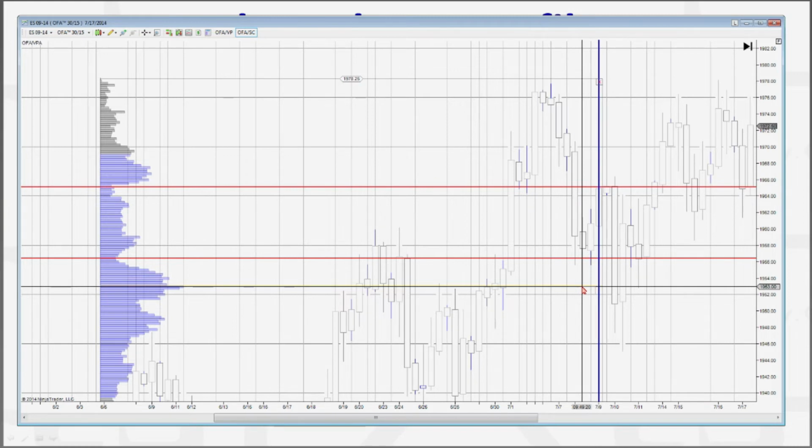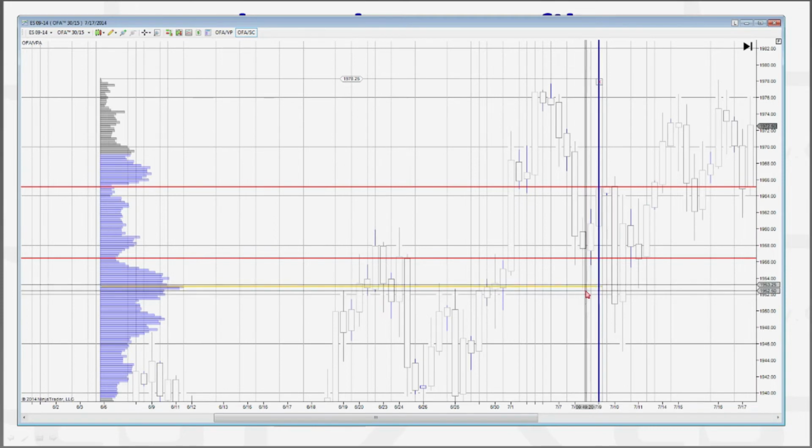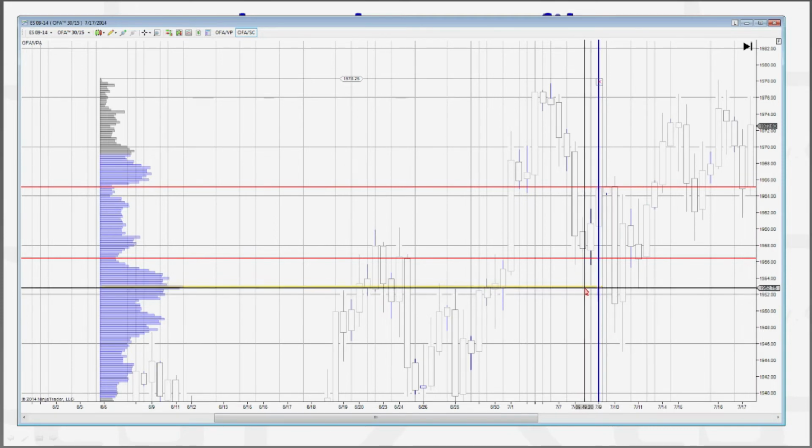Remember, sellers have to take less in order to make a market order, and market order is the only order that can move price. They're showing they have no conviction to get price through fair price. And so what that's saying is we don't consider this to be fair price. If we don't consider this to be fair price right now, then we are most likely going to relent, and we're going to wait for another area to be fair price before we re-engage.